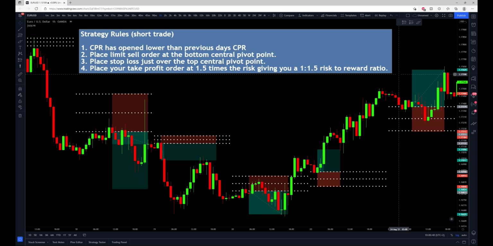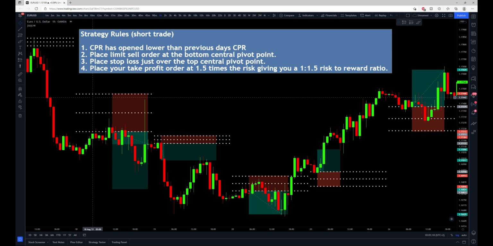All right, let's go through the rules of this strategy, starting out with the rules for a short trade. The first rule is that the CPR has opened lower than the previous day's CPR. So for instance, you can see the CPR over here for this day, and then you see the open down here much lower than the previous day.